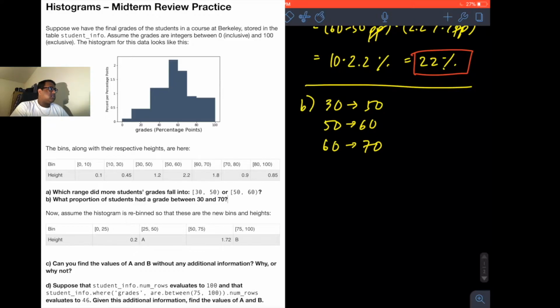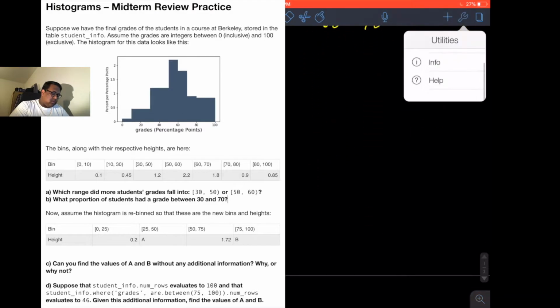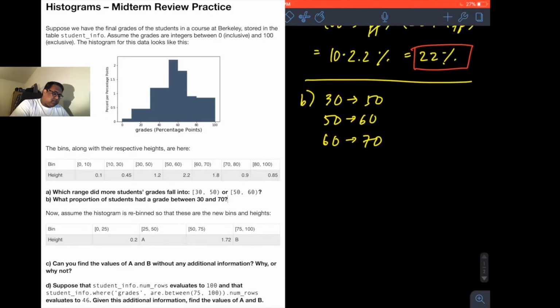So area and proportion are the same. We already found two of these three values, right? We know that 24% of the values are between 30 and 50, and that 22% are between 50 and 60. So now all we need to do is find the area of the 60 to 70 bar, and we're good to go. And so that calculation is the same.